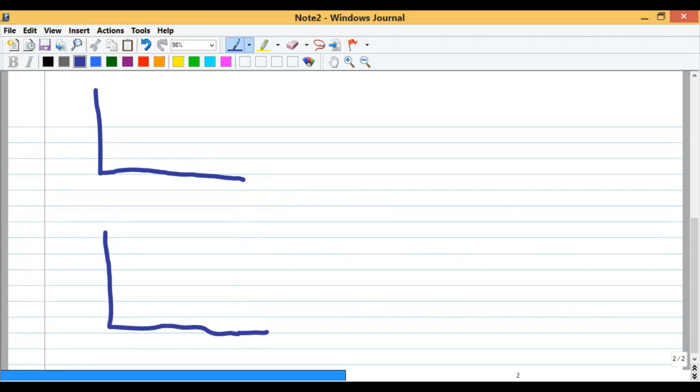So this is my time axis. This is time. This is stress. I'm applying stress. So stress is my signal, and this is my response, the deformation, or the strain rate. So I'm applying constant stress.